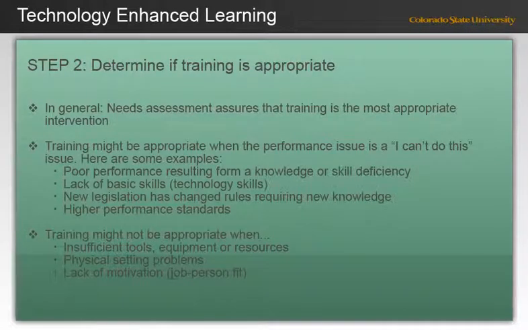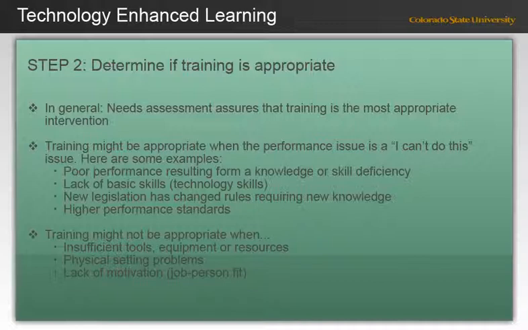Then in step 2, once you've identified a training need, I want you to move on to determine if training is appropriate for addressing that need. So in general, at a high level, you want to make sure that the training is the most appropriate intervention. So training might be appropriate when there's poor performance resulting from a knowledge or skill deficiency, lack of basic skills, say in technology.